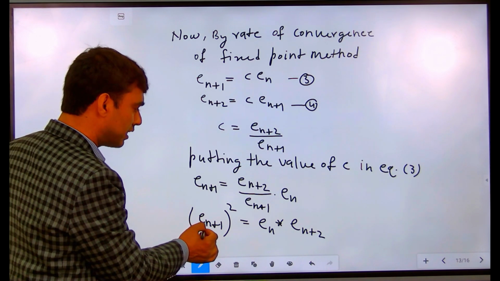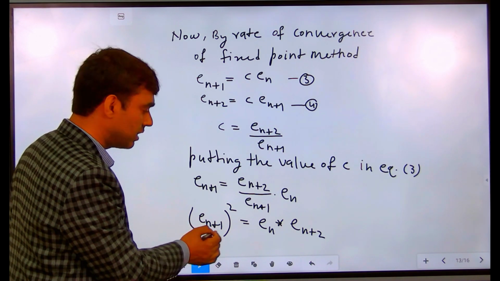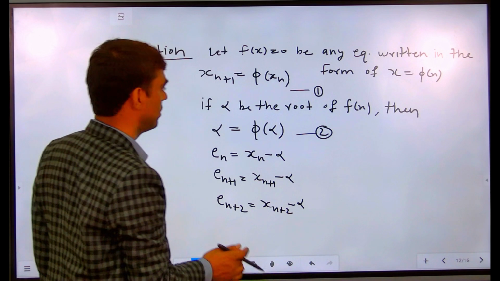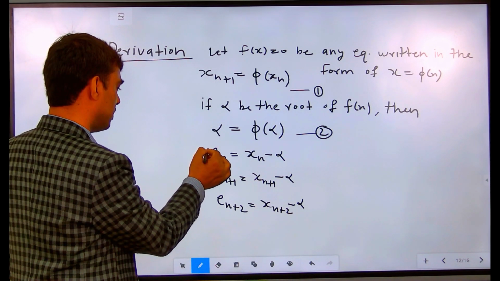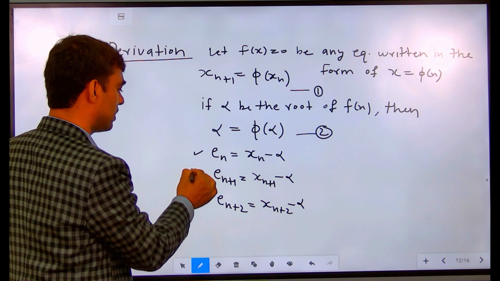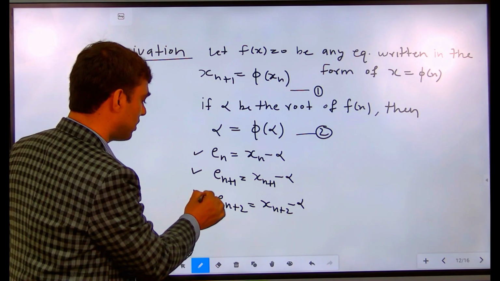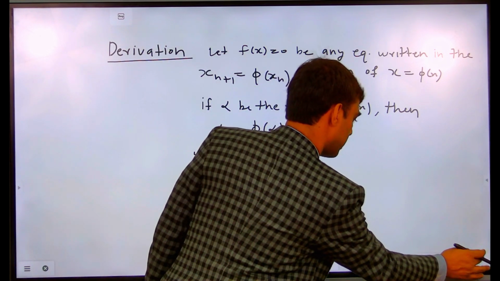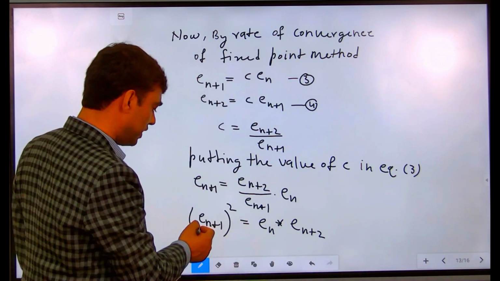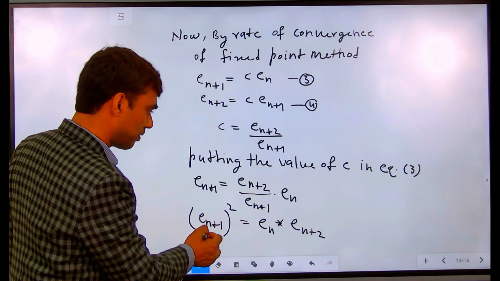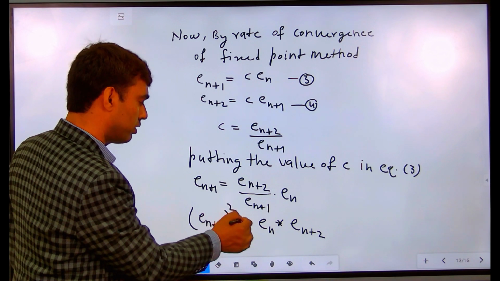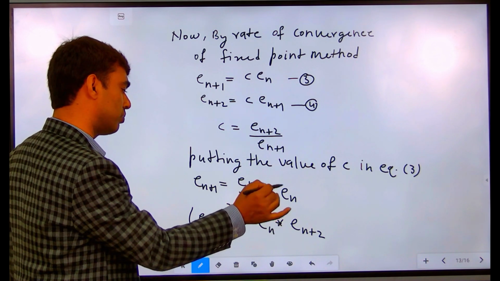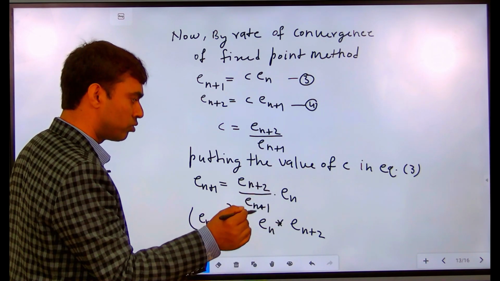Now we put the value of En plus 1, error after n plus 1th iteration, En, error after nth iteration, and En plus 2, error after n plus 2th iteration, by these equations. If we put these values, then xn plus 1 minus alpha whole square equals En plus 2, which means (xn minus alpha) into (xn plus 2 minus alpha).